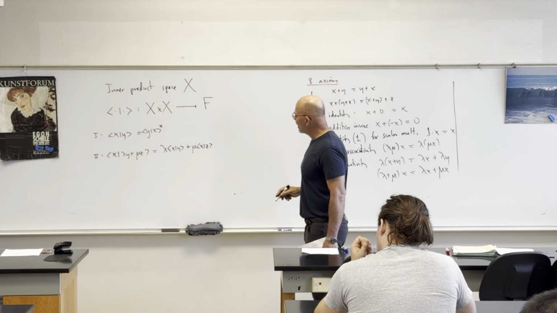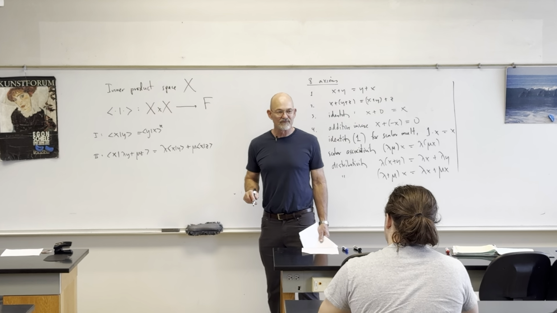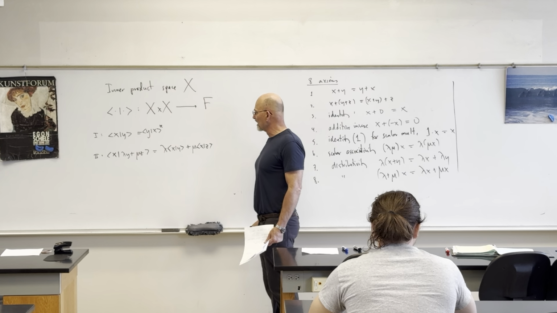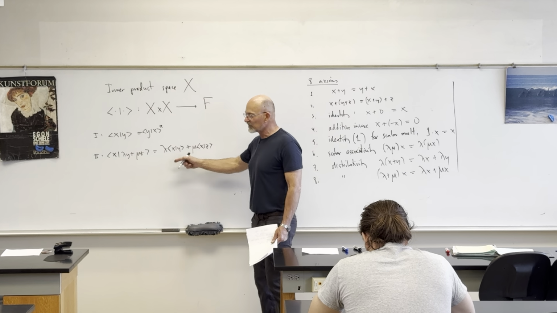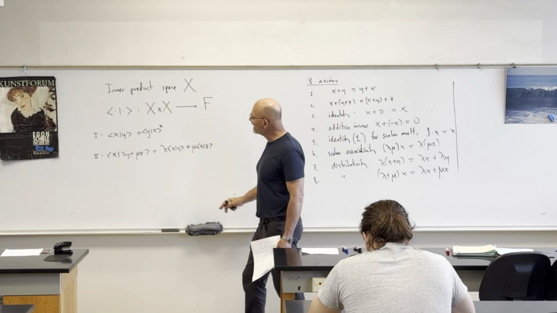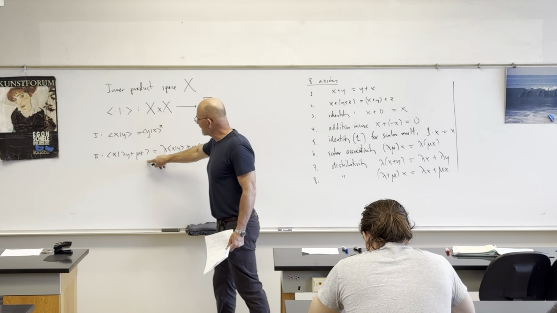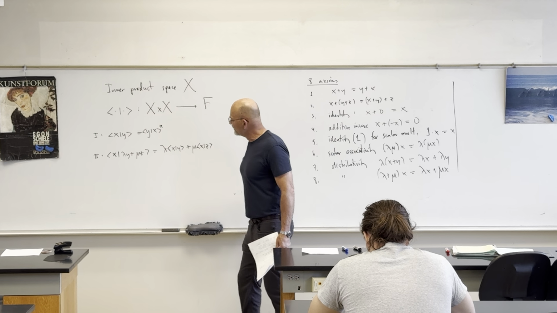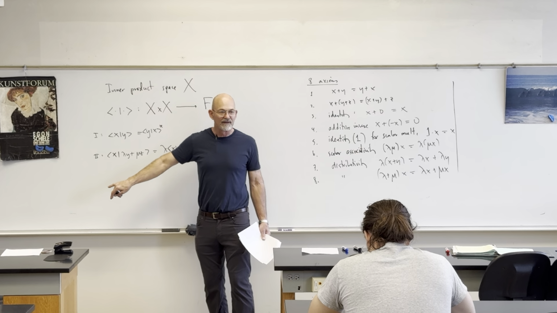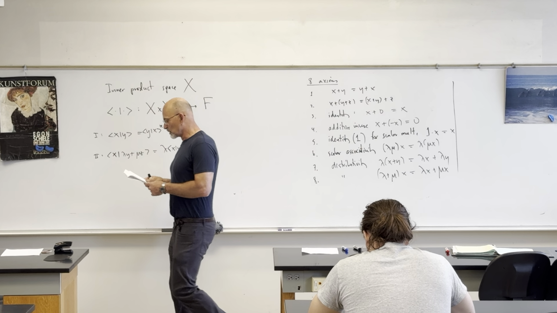So again, if these were all real numbers, or the standard dot product, this would simply be fulfilled. It's linear in the right side here. But because of the first property, you can't do the same thing for the left side. Those are the rules.